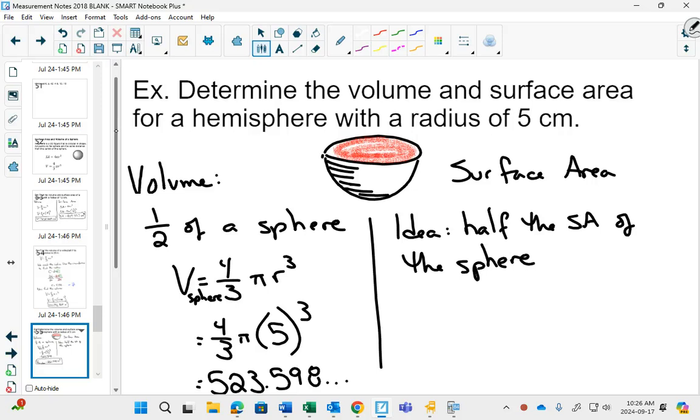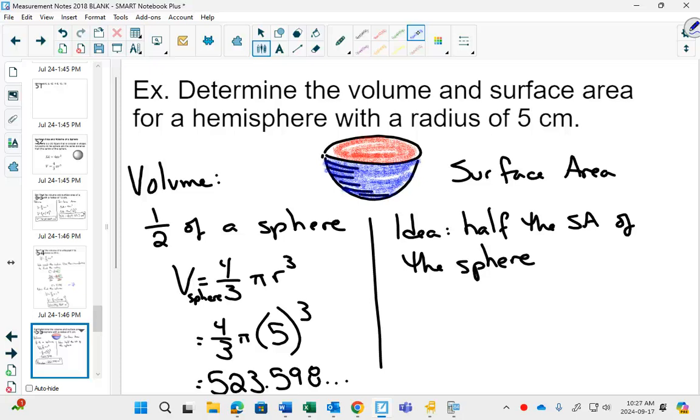if I take half the surface area of the sphere and I color code this, imagine your sphere was originally painted blue. Half of it would be the blue part that you see, but the red part wasn't part of the surface area originally. It was hidden inside the sphere.